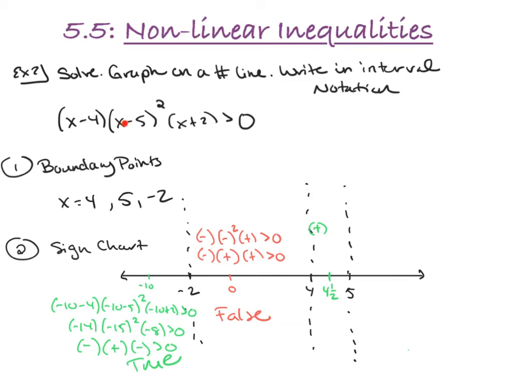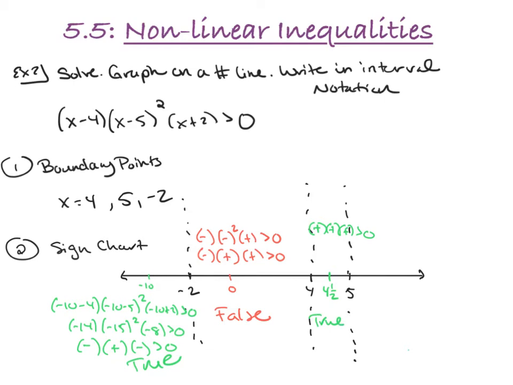It doesn't matter what x is here. X minus 5, because it's being squared, will always be positive. And 4.5 plus 2 is certainly positive. So we have a positive times a positive times a positive. That's totally greater than 0.